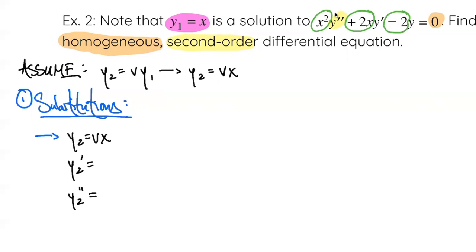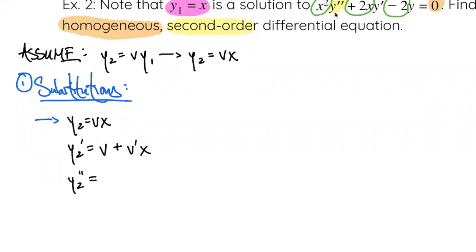All right. So for y2 prime, we should be getting some version of v times 1 plus v prime times x. And then we're going to use product rule, but only for the second term, right?